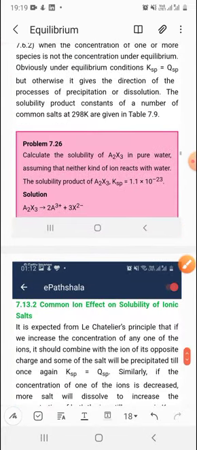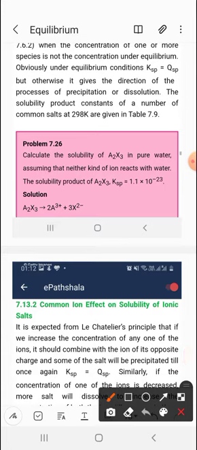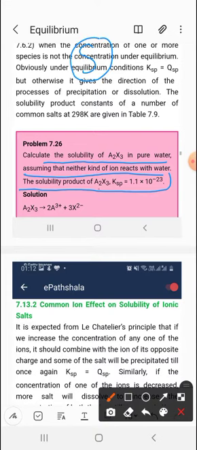Similarly, a question is given to you. Calculate the solubility of A2X3 in pure water, assuming neither kind of ion reacts with water, and Ksp is given to you. It means you have to calculate the solubility, which is S only. So how will you calculate it? Suppose the concentration is arbitrarily S. So 2 A is there, so it means 2S for A, and for X it will be 3S.